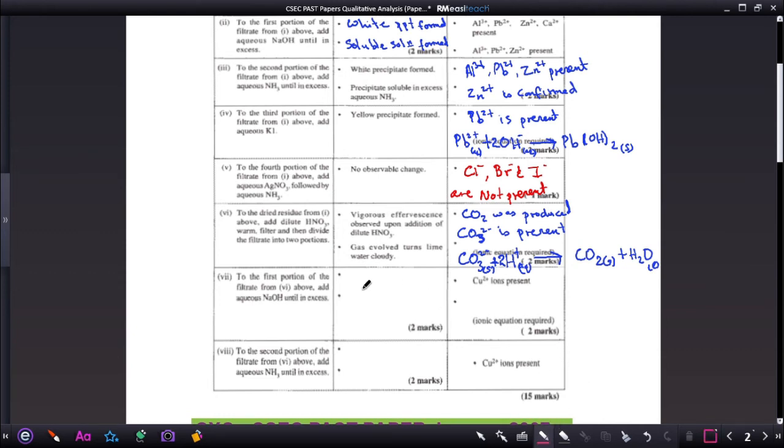We should observe a blue precipitate being formed, because dropwise copper ion is insoluble in the sodium hydroxide. So a blue precipitate is produced. Blue PPT formed.